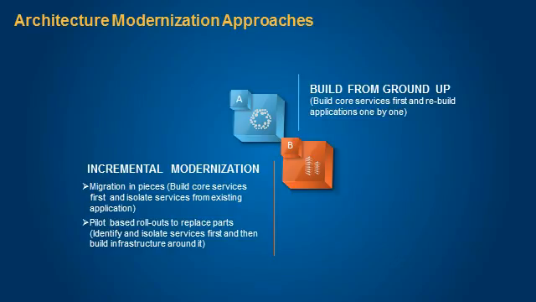So that way you have your ecosystem built first, and then it makes it easy for you to isolate services slowly as and when you have time and budget, and plug them into the core framework. So that is our first approach. The second one is a pilot-based rollout, in which the approach is slightly different, in the sense we identify and isolate services first, and then build the ecosystem as and when the service is needed.